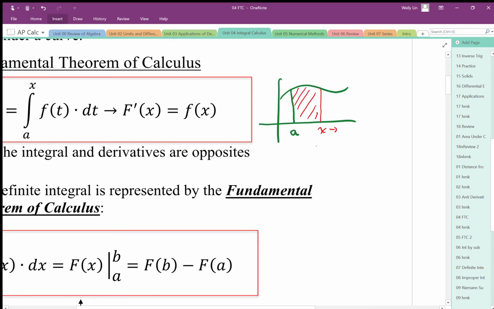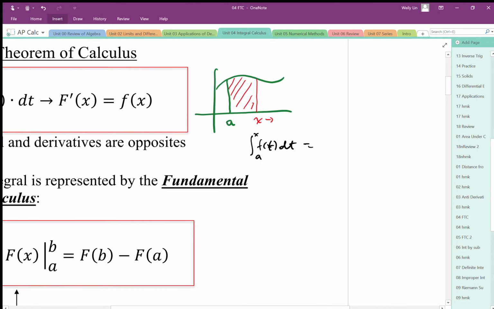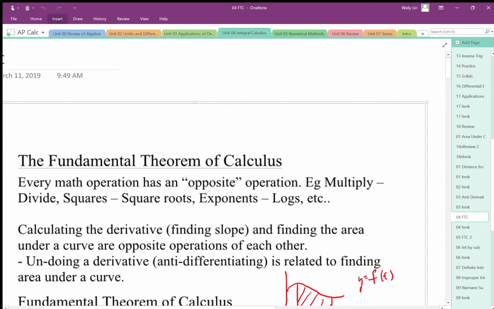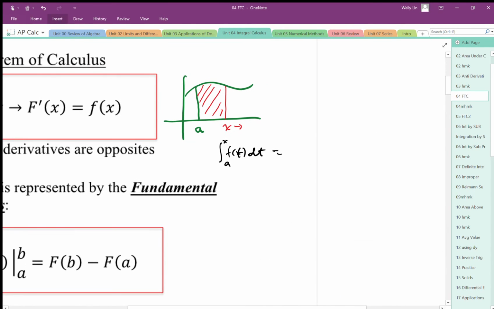The area underneath this curve is the integral of f of t dt from a to x, and it's going to be based on the difference of the antiderivative function.